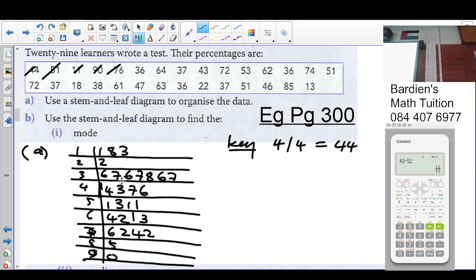So this data is not sorted. Okay, so we must sort the data.